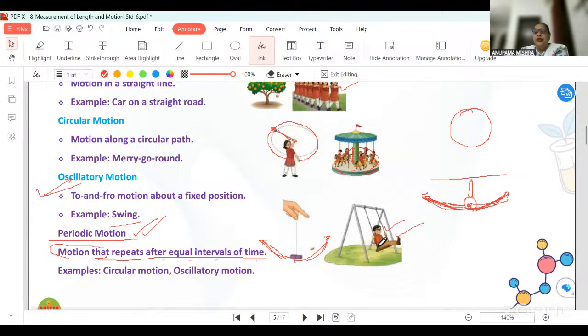When this boy is swinging, he comes to this position, then the same in the middle, and then goes to the back the same. That means at a regular interval of time, it's coming to the middle position. That is called periodic motion.